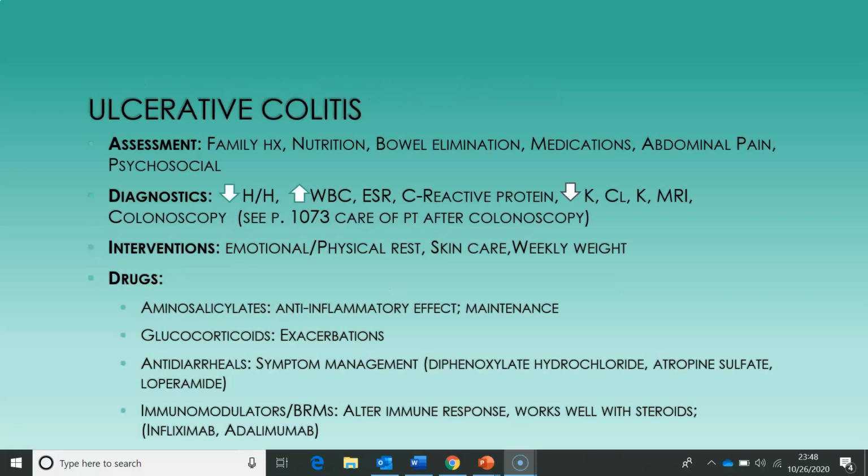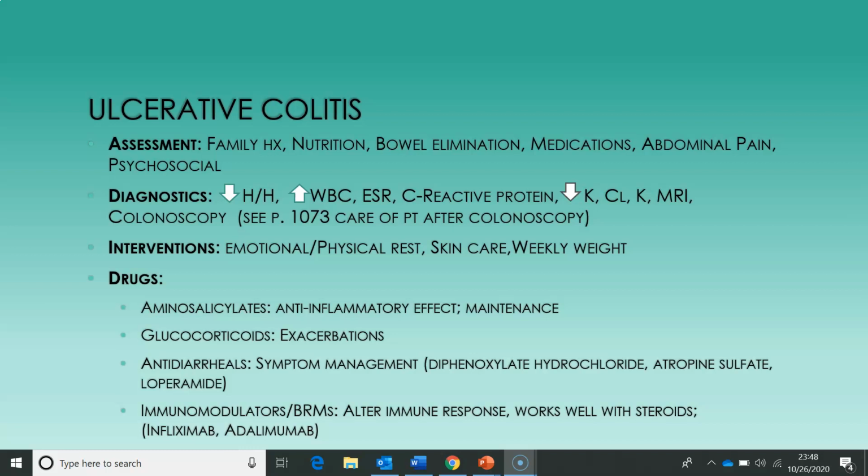So assessment for ulcerative colitis, you want to make sure that you look at their family history, nutrition, their history of bowel elimination, what medications they're taking, abdominal pain. You see there the diagnostics. Interventions can be emotional and physical rest, skin care, and they need to make sure that they're weighing weekly.